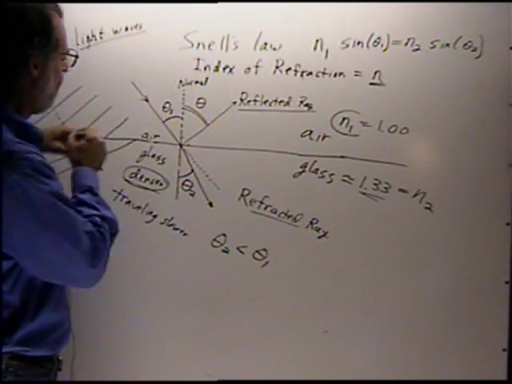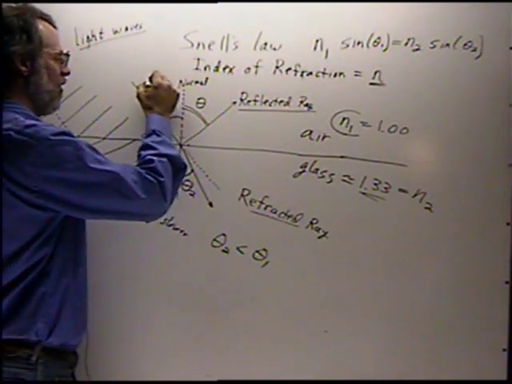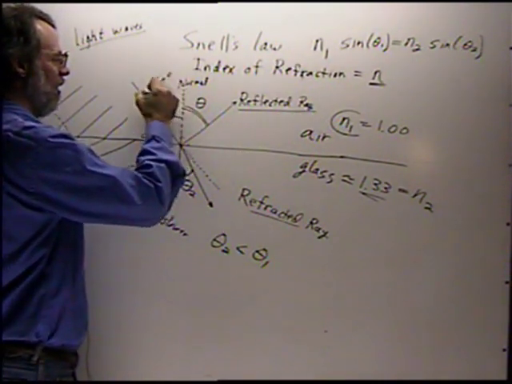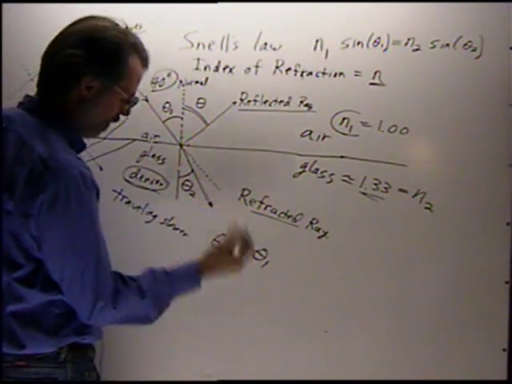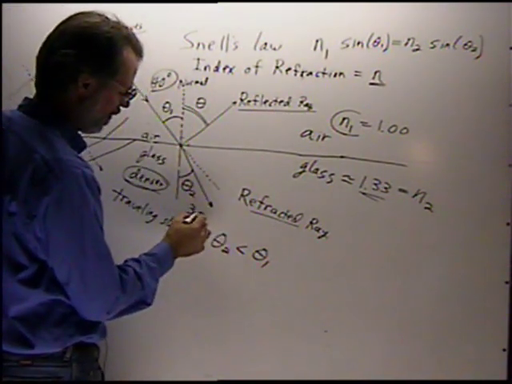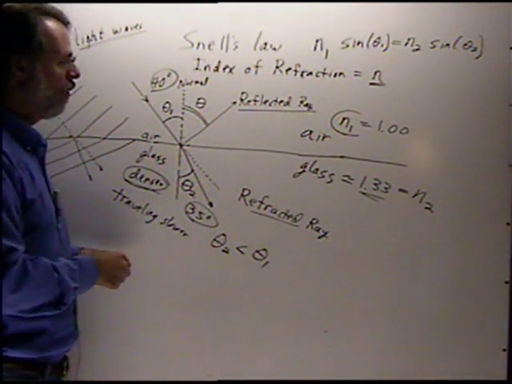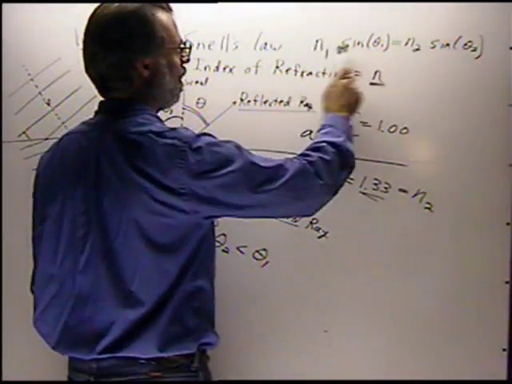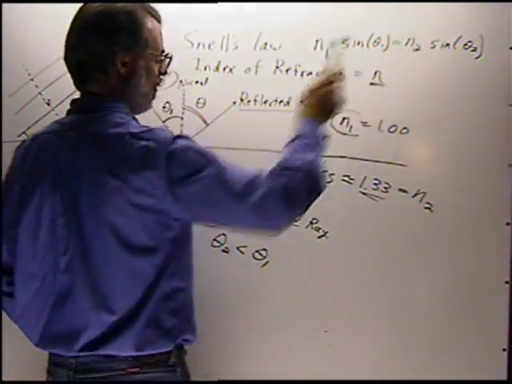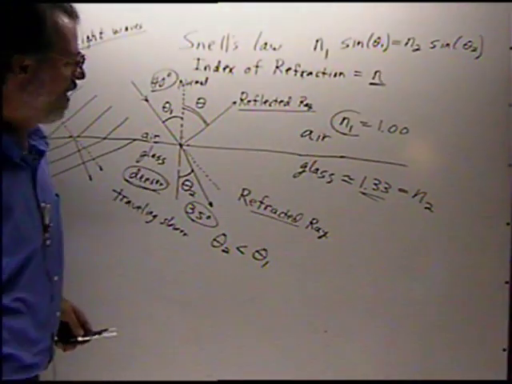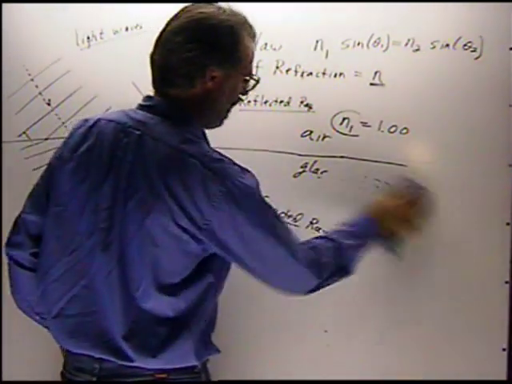If this is, as an example, 40 degrees, this angle here would be something less, maybe only 35 degrees. It all depends on the ratio of N1 and N2.